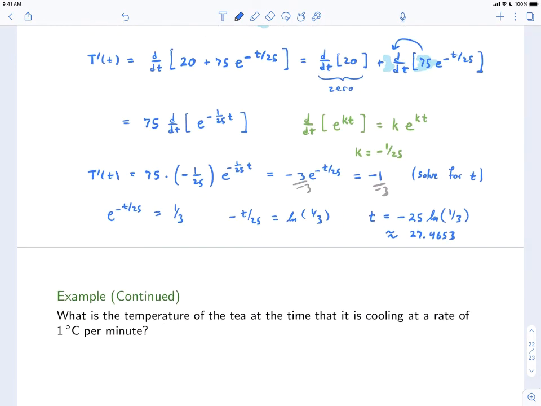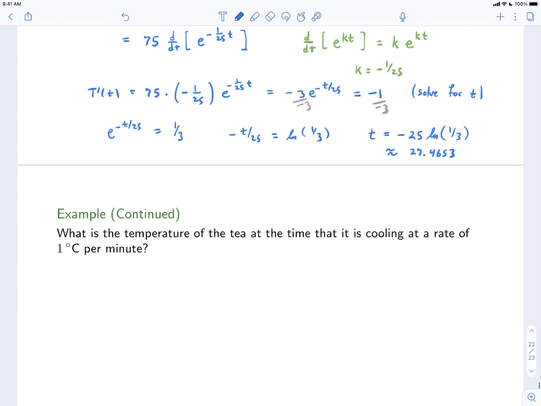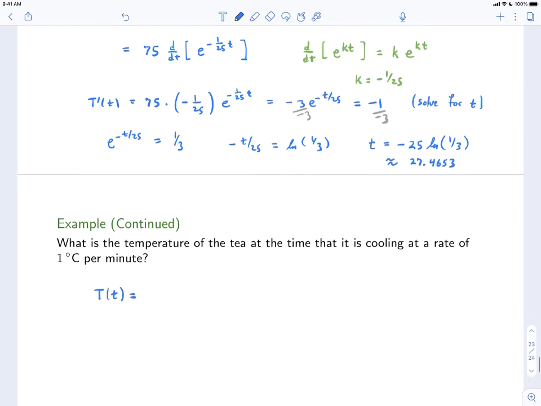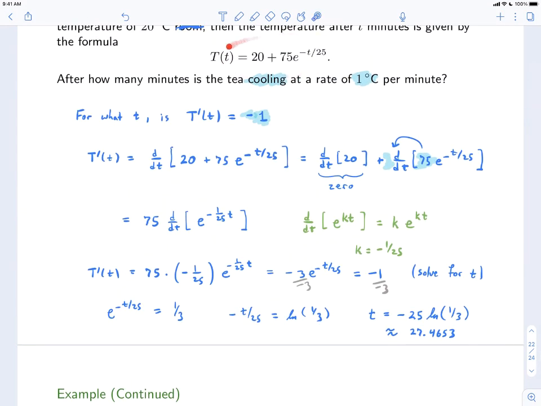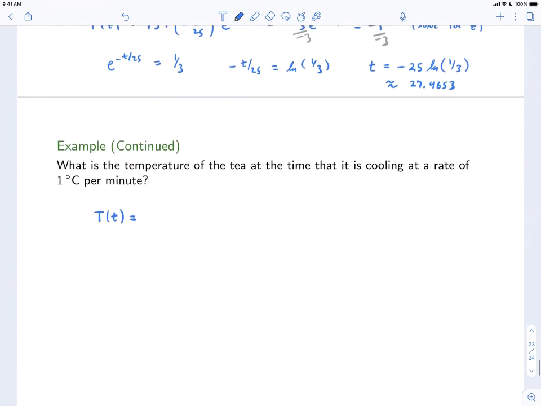What is the temperature of the tea at the time that it is cooling at a rate of 1 degree Celsius per minute? Well, actually, we just have to plug in the value of t that we computed. So we know that capital T at lowercase t is equal to this formula. It's 20 plus 75 times e to the negative t over 25. So let's just write that down here.